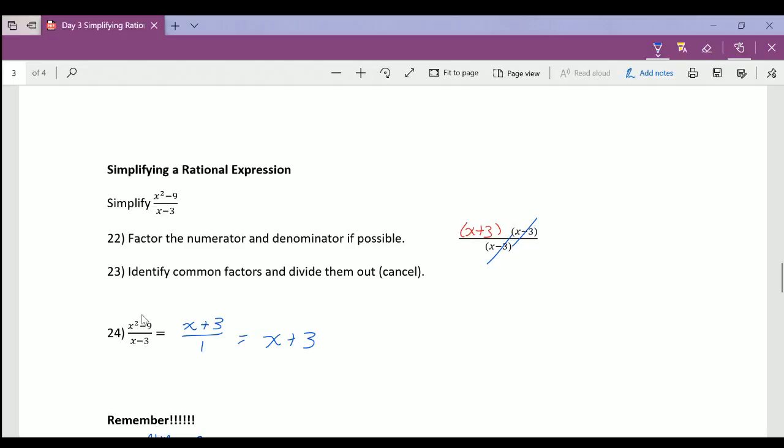Like, oh, hey, 3 goes into 9 3 times. Yeah, but we can't really do that because this is a package, x minus 3. You can't split that up at all. X squared minus 9. We can't split that up at all. It is a package deal unless we use factoring to do it.